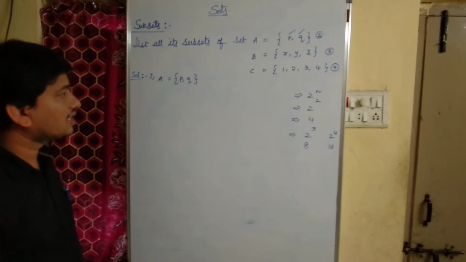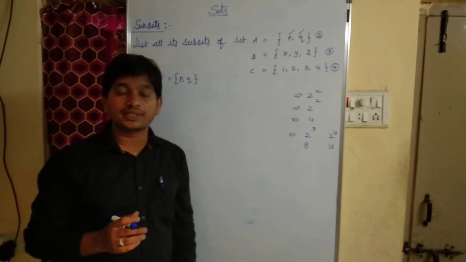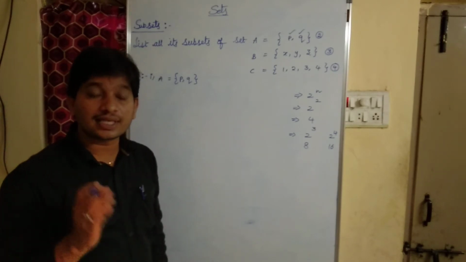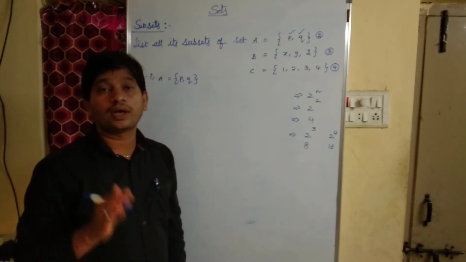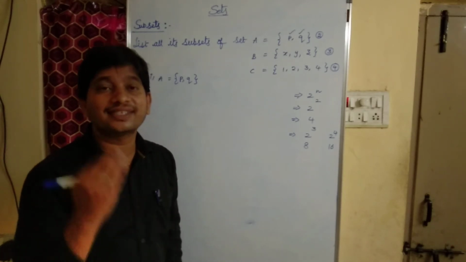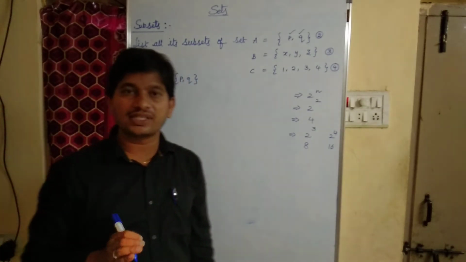Okay, let us find the subsets. The first and foremost important point is every set is a subset of itself, and empty set is a subset of every set. Empty set is a subset of every set, right?